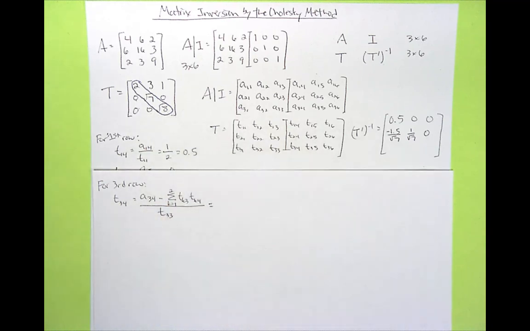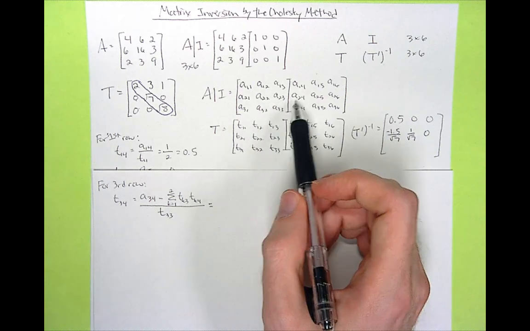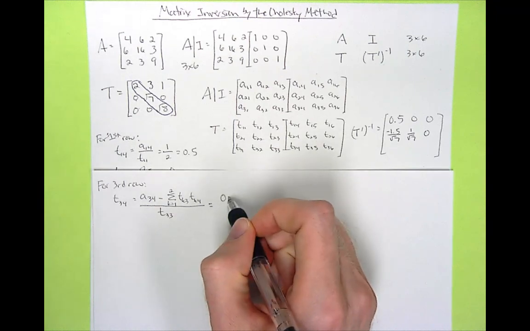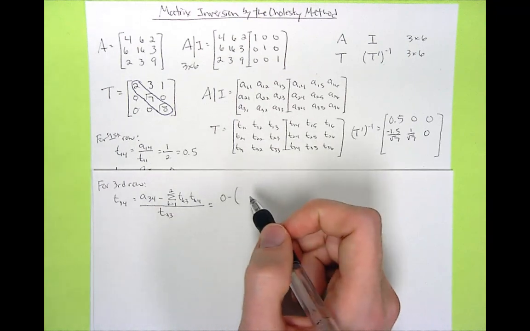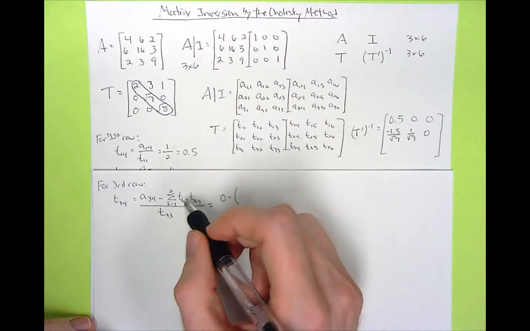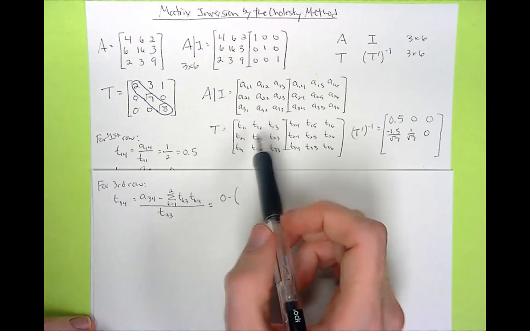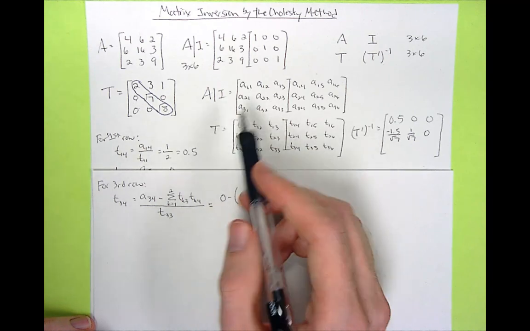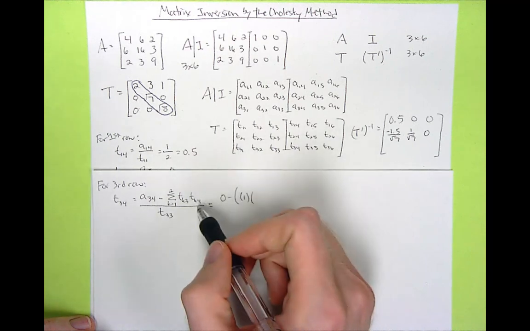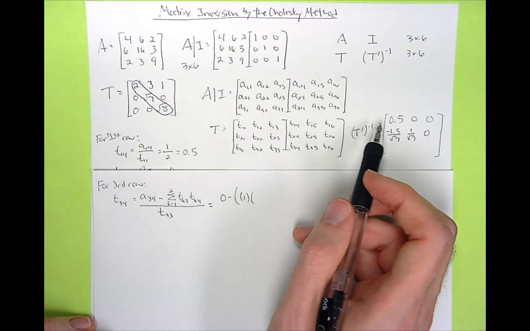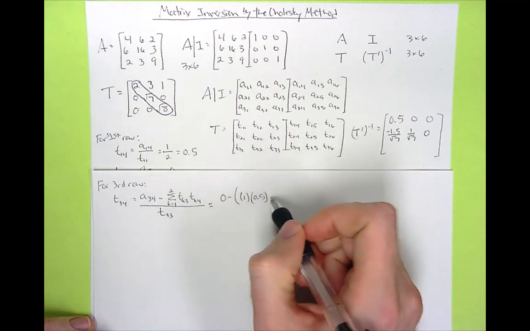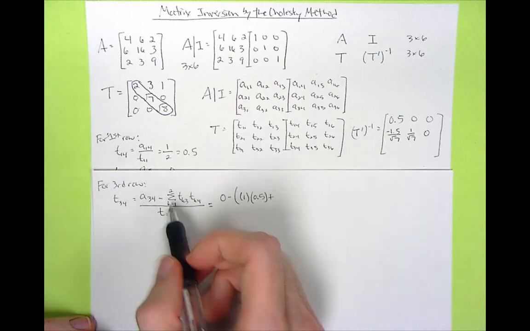So we bring this out. A34 is here, so it's going to be this value, 0, minus, now it's going to look like this. T13 is here, so it's going to be this value 1 times T14, which we found to be 0.5. But we have to do a summation here. Now k is going to equal 2.